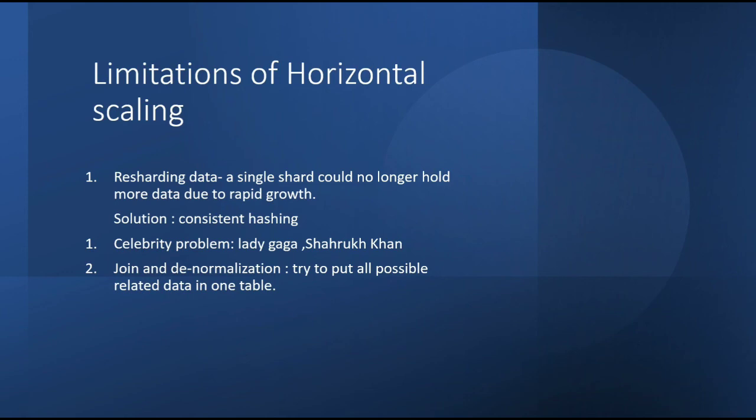So to avoid this situation, try to put all related data in one table, so that you will have fewer joins over your tables. That means denormalization. So this was, in a nutshell, about vertical scaling, horizontal scaling, and database scaling. According to this, while designing your system, you can choose whichever approach you like, and design your system accordingly.